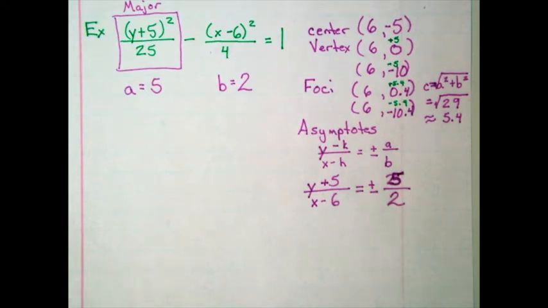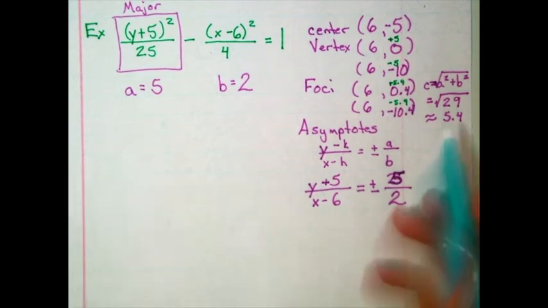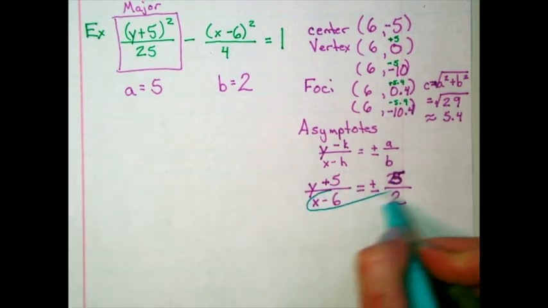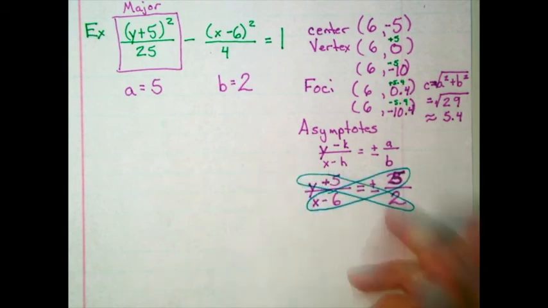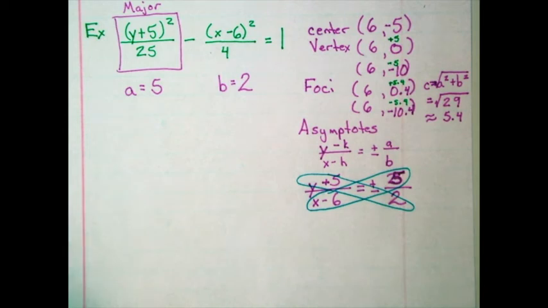So if we want to solve this for y, and we want an equation that we can actually graph, we're going to have to cross multiply this and solve it in 2 different ways, because we've got the positive 5/2 and we've got the negative 5/2. So let's cross multiply here. And I'm just going to put that plus or minus with the 5.